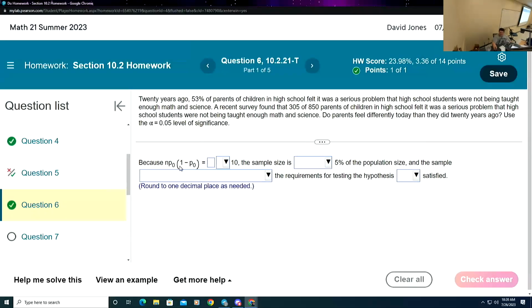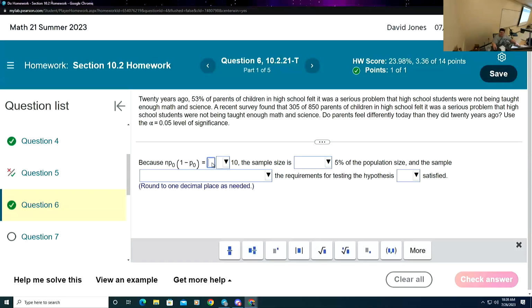So n times p times 1 minus p, I calculated it at 211.735. It says 1 decimal place, so 211.7. That is greater than 10.